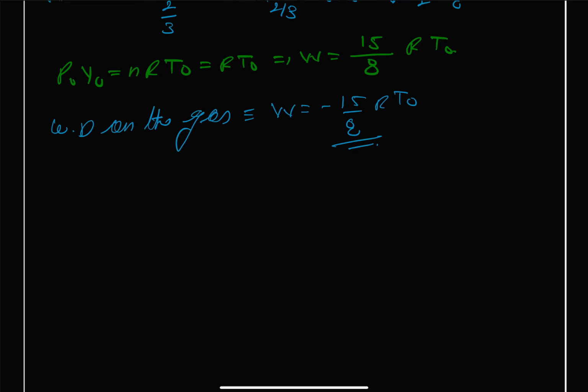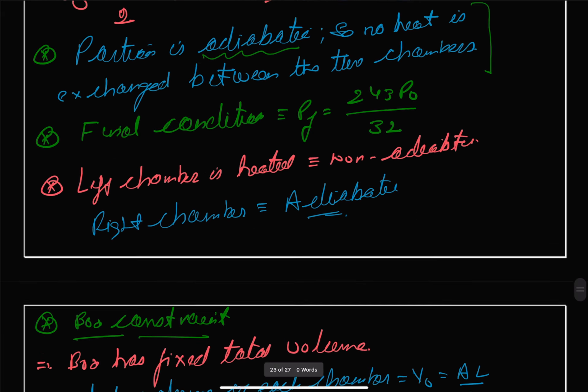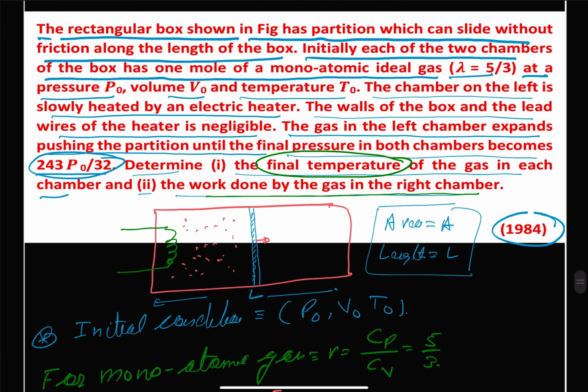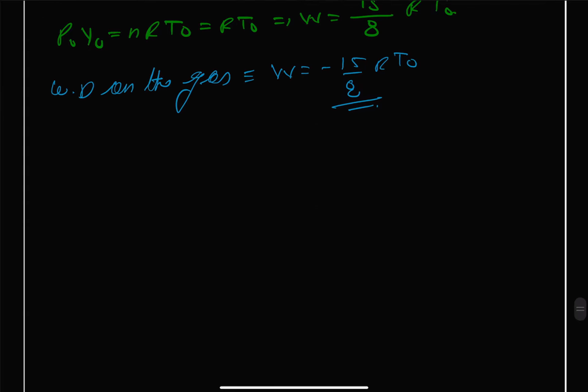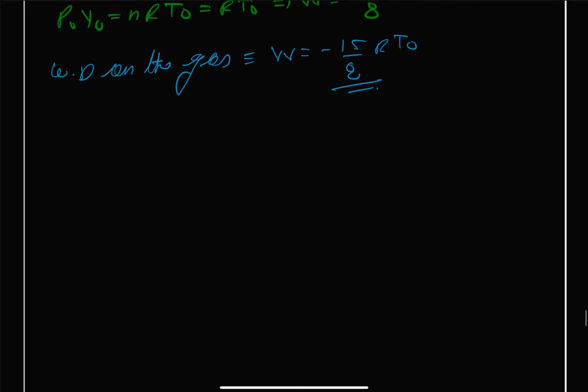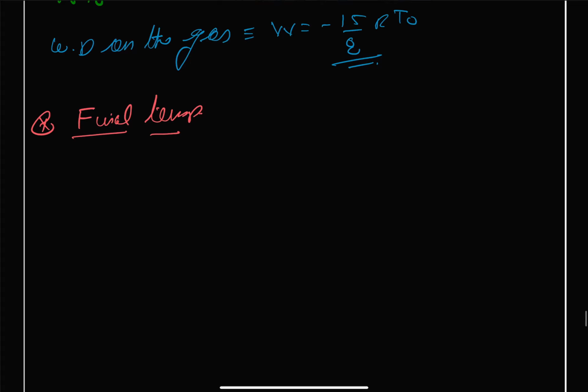And we have to also find out the final temperature of gas in each chamber. So we have to find out both the temperatures. Therefore we can use that the final temperature, we can write that our T V gamma minus 1 is equal to constant.